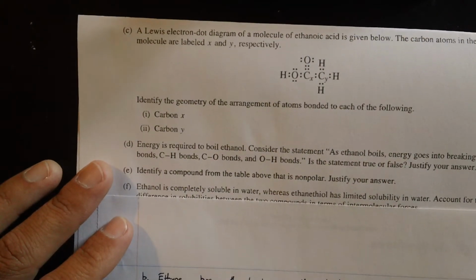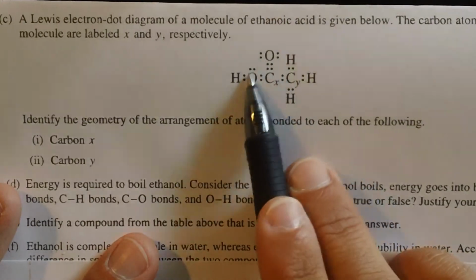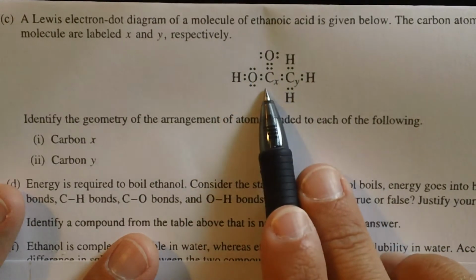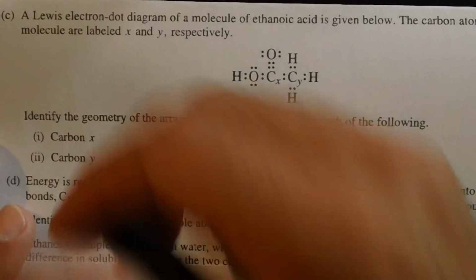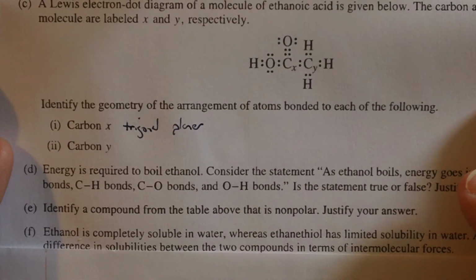If we look at that guy, it has 3 things connected. That carbon, that oxygen, no lone pairs of electrons, which makes that guy trigonal planar. 3 things connected, no lone pairs, trigonal planar.